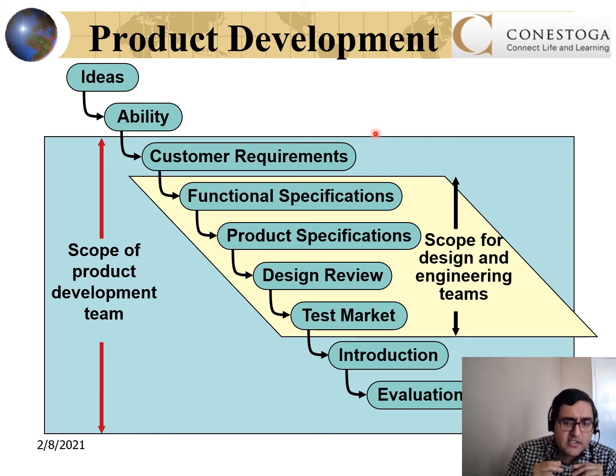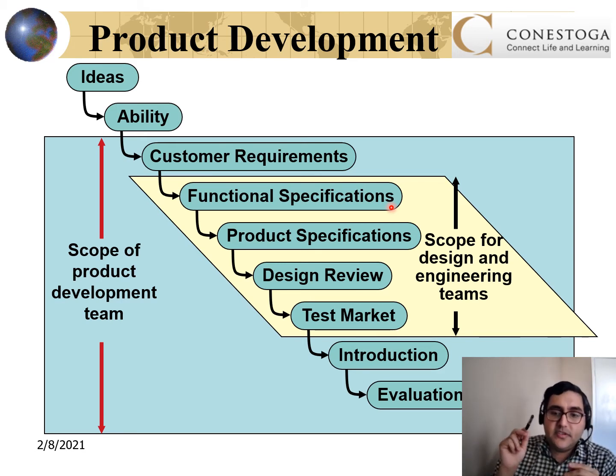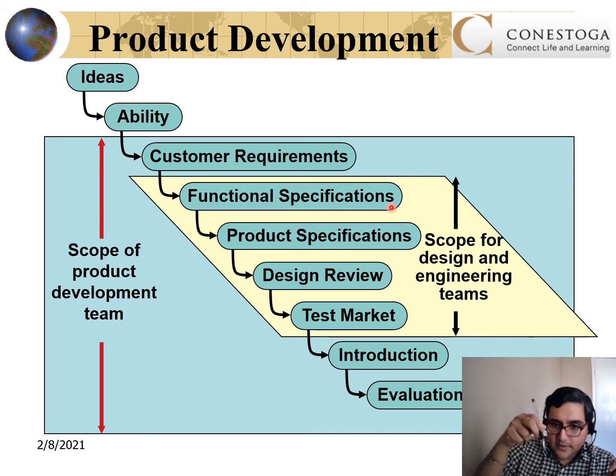Now, once you understand the different requirements of your customer, it's important to convert them into what's called a functional specification. Functional specification basically means, for example, the customer might say, I should be able to write in any orientation.